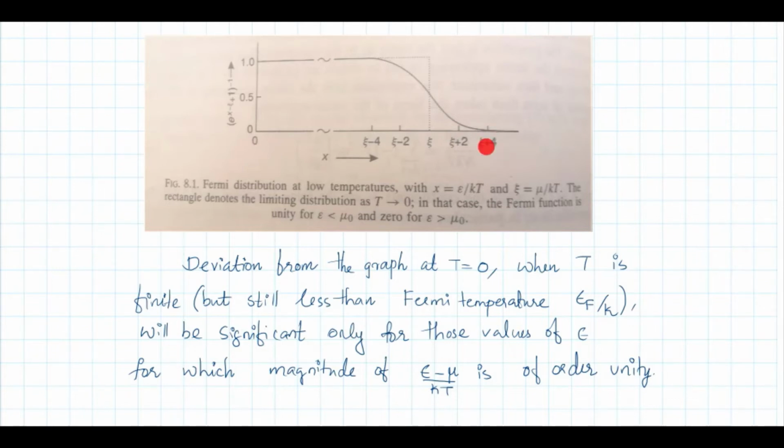When you reach theta plus 4, it is almost equal to the graph at T equal to 0, and when you reach x equal to theta minus 4, you almost reach the graph at T equal to 0. So the deviation is significant only in this range, and all the fermions outside this range remain unaffected.